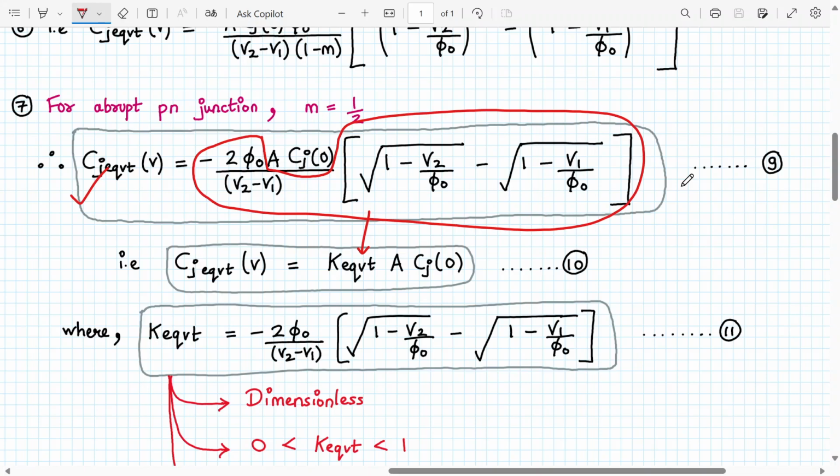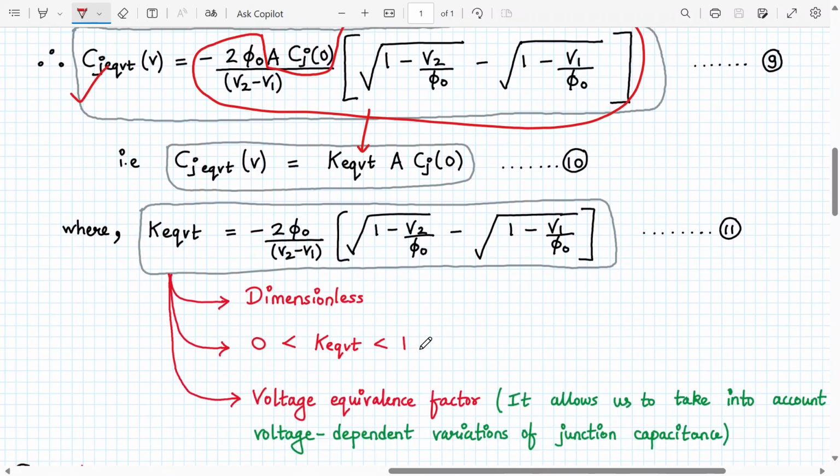When you have completed, let me know. Cj equivalent of V in terms of k equivalent, where k equivalent is this formula, and it's easier to find k equivalent, and its value can be confirmed between 0 and 1, of course the modulus of it. So mod of k equivalent actually.